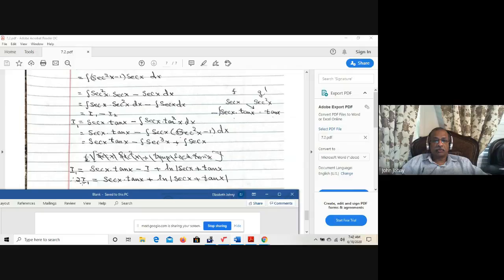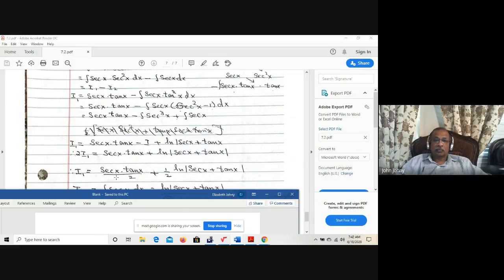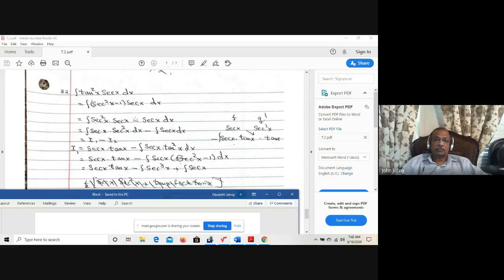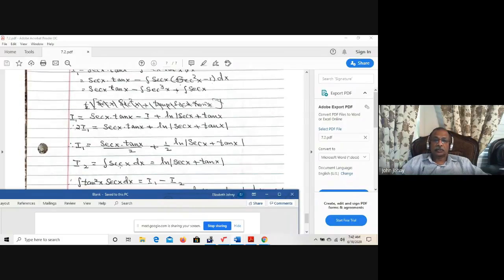You get 2 I1 is equal to secant x times tan x plus natural log of secant x plus tan x. Therefore, I1 is equal to secant x times tan x over 2 plus 1/2 times natural log of secant x plus tan x. So this is the value of I1. And now I2 is a direct formula, the antiderivative of secant x, that is natural log of secant x plus tan x.